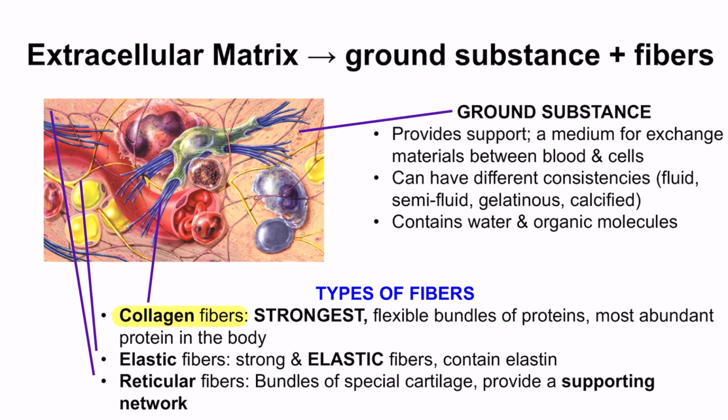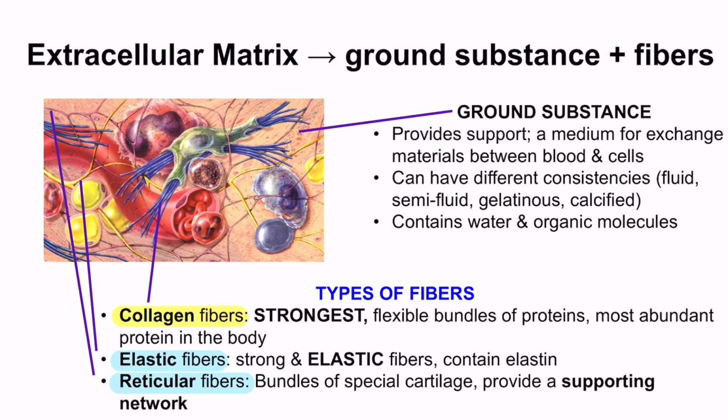Elastic fibers, they are next in size and abundance, and they are important because not only can they stretch out, but like an elastic band, they stretch back into place. They snap back into place, I should say. And then the last type here, reticular fibers, they are important for providing a supportive network.